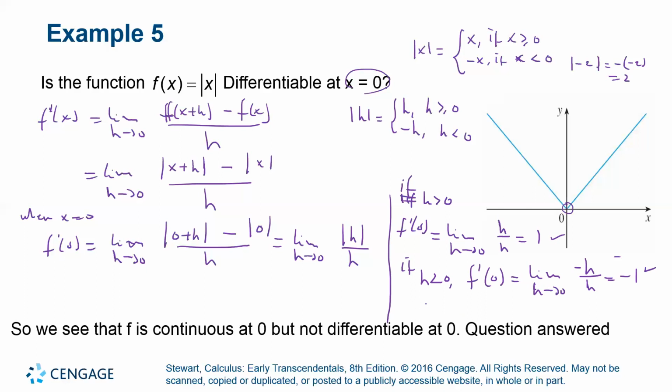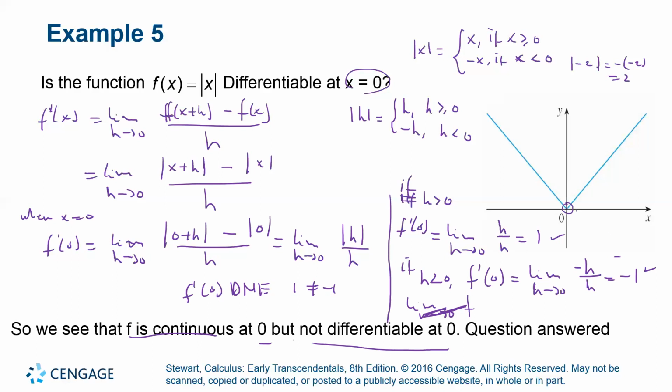You can simply say that f prime of 0 does not exist, because 1 is not equal to negative 1. Therefore, we say that the function is continuous at 0, but not differentiable at 0. So our question is answered.